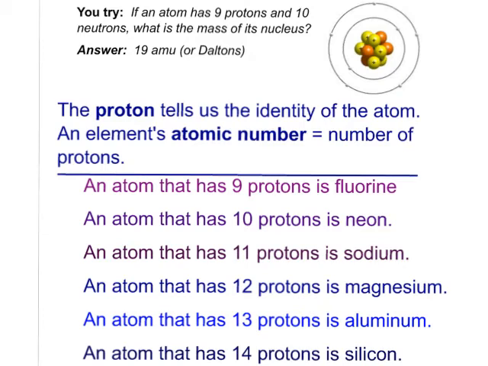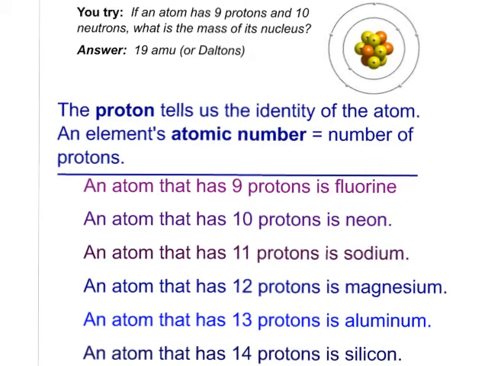Now, it's important to know another function of the proton. The number of protons that an atom has is very, very important because it tells us the identity of that atom. An element's atomic number equals the number of protons that it has. So, if you look on the periodic table, you see that fluorine has 9 protons.